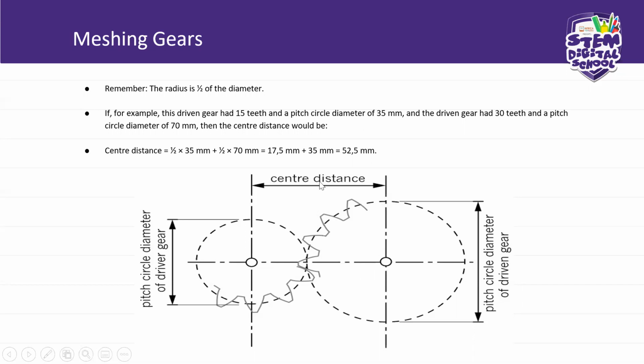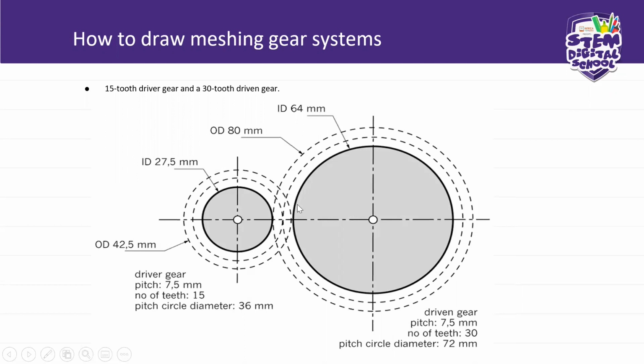Right, and then here you are drawing meshing gear systems. Now, this is very interesting. This is what I want you to learn now. I've shown you the different radiuses, okay? Now, this is a graphical representation of a meshed gear, a gear train.